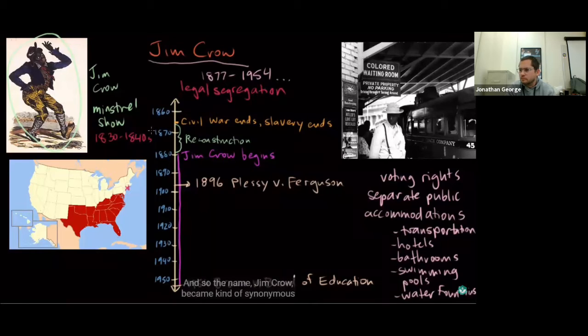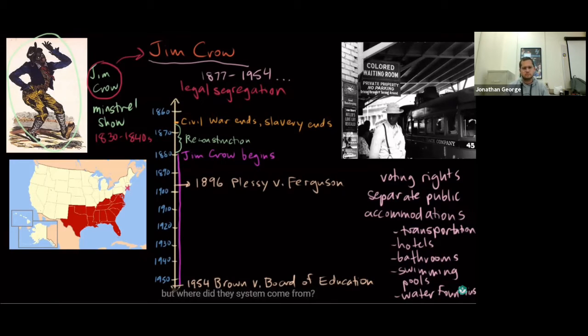And so the name Jim Crow became synonymous with African Americans and with enslaved people in the early 19th century, the way that, say, Paddy became synonymous with an Irish person. So the term Jim Crow law, or the Jim Crow system, means laws that were specifically aimed at African Americans. All right, so that's the origin of the name.